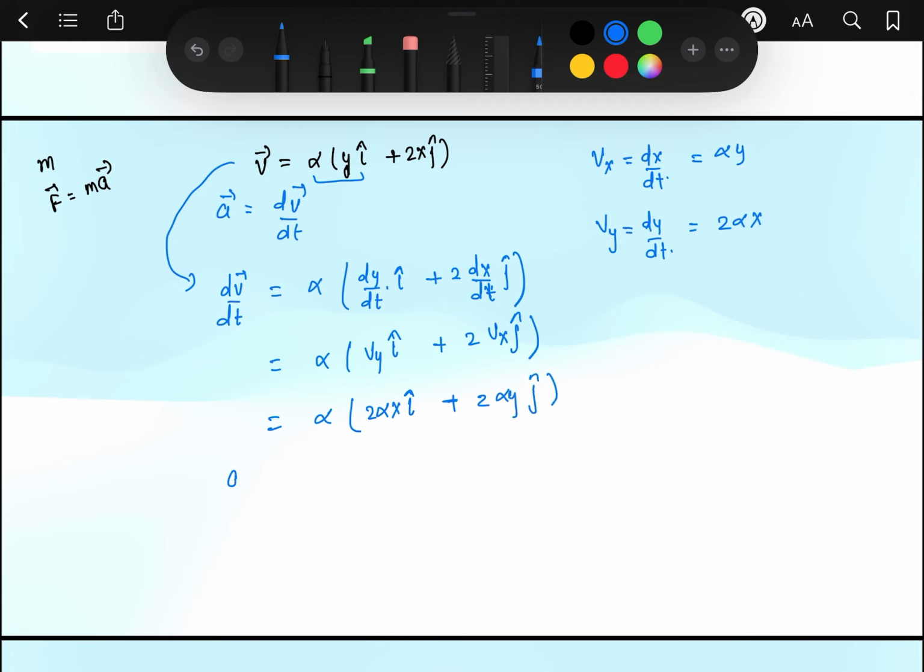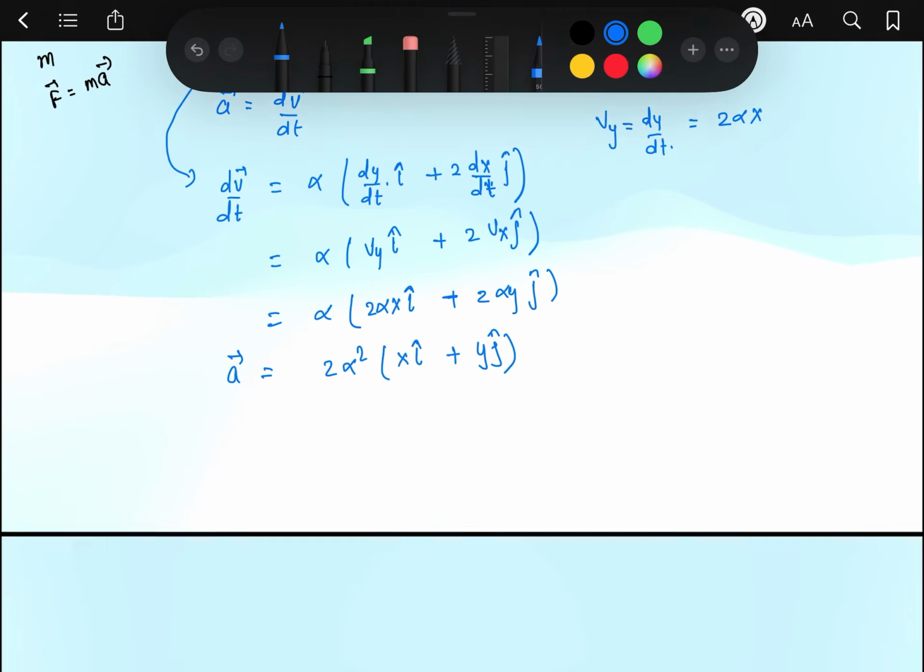So the acceleration vector we are getting here, taking 2 common, is 2 alpha square (x i cap plus y j cap). This is the acceleration vector.